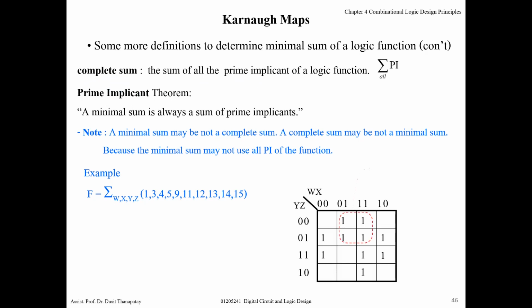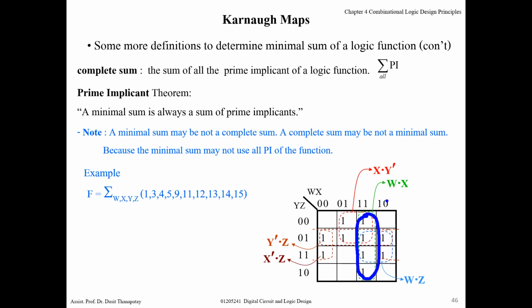For example, in this K-map there are 1, 2, 3, 4, and 5 prime implicants like this. Namely, if you select these 4 cells, the biggest group that you can make covering only logic 1 output, not 0, this product term is this one.